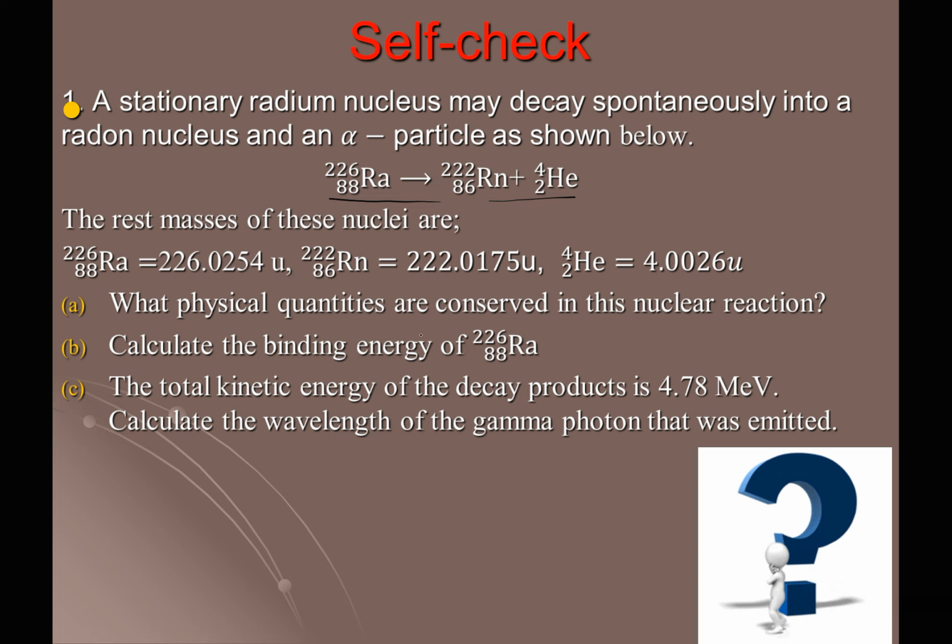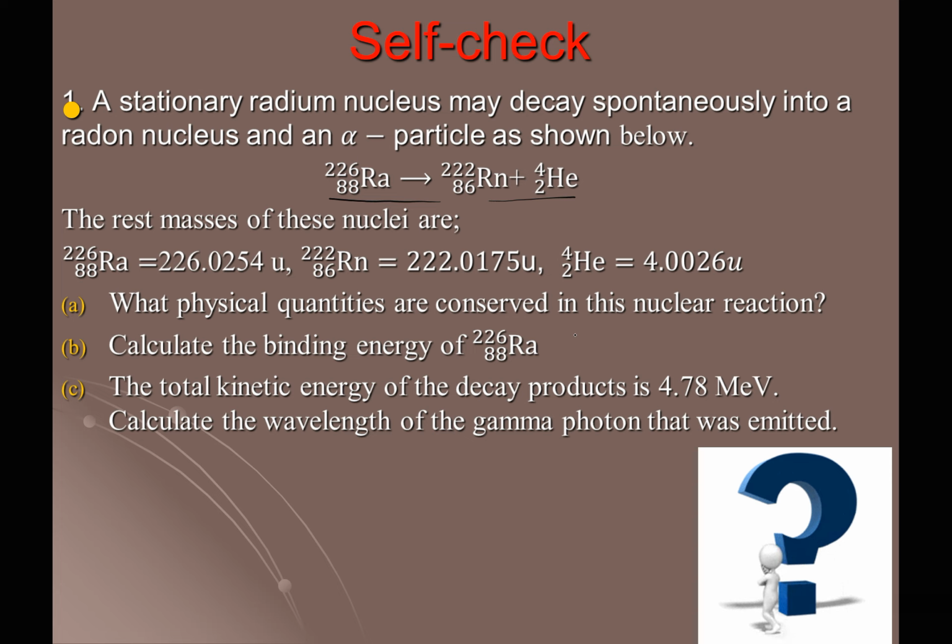What physical quantities are conserved in this nuclear reaction? By the way, in every nuclear reaction, 4 quantities are conserved. Number 1 is proton number, which is the charge. Number 2 is the nucleon number. Number 3, momentum is always conserved in every reaction. And number 4, we have always been saying that whenever there's a difference in mass, energy is emitted to compensate for the difference in mass.